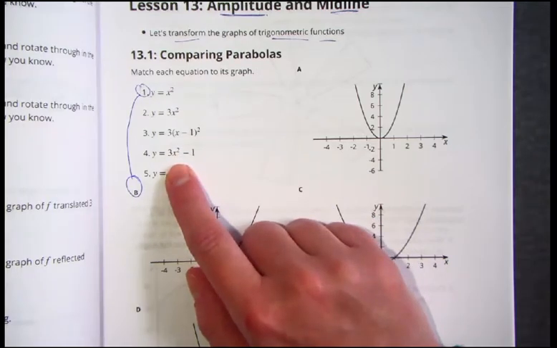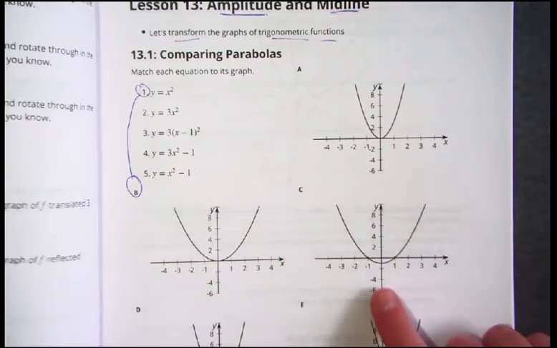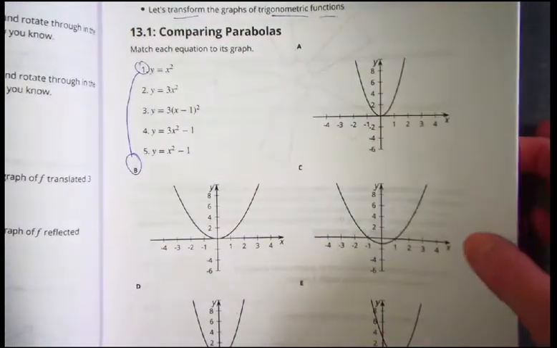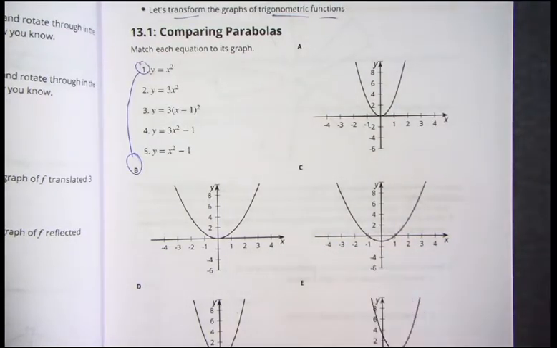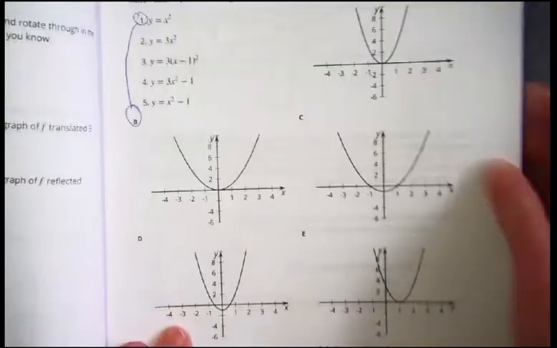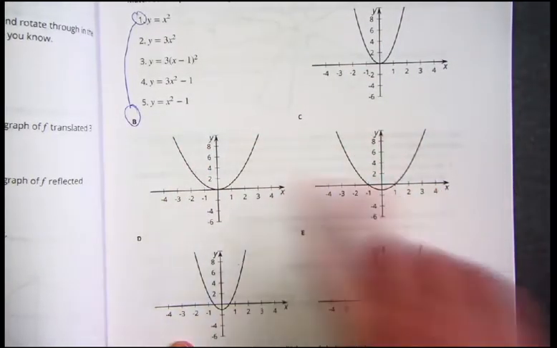We could take a parabola, stretch it taller, and slide the whole thing down to a -1, just like this one here, D. Or we could take the original parabola and slide it down 1 unit.